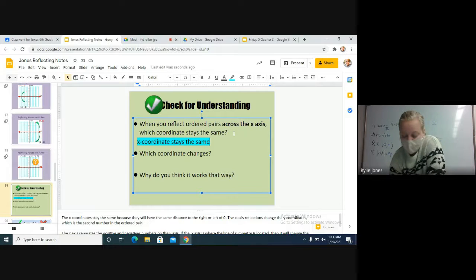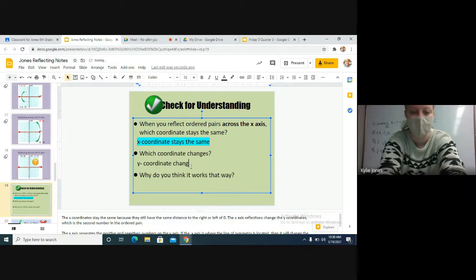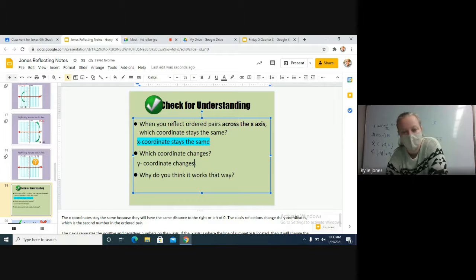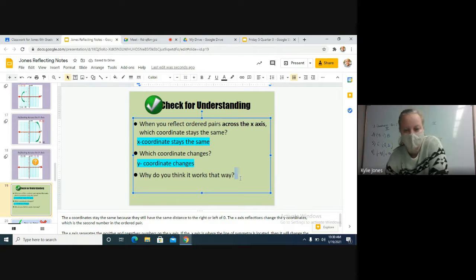All right. So if the x coordinate is staying the same, which coordinate changes? The y coordinate. Good. The computer's being very slow right now. There we go. Okay. And then why does it work that way? Because they're reflecting on a vertical line.